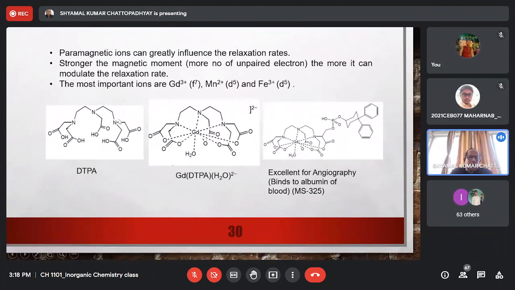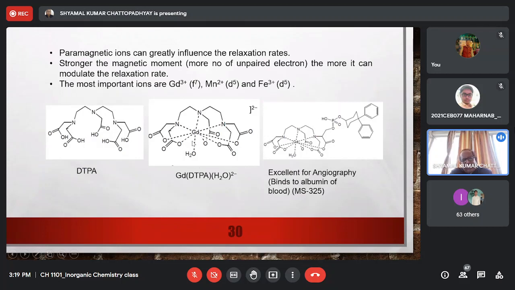So 1, 2, 3 nitrogens, and then there are 4 acetic acid groups, so it can actually bind in a 7 coordinate fashion. This is the binding mode, and lanthanide ions can have a large coordination number. So here gadolinium is 8 coordinated: 7 coordination is coming from this ligand, 3 nitrogen and 4 carboxylic acid groups, and 1 coordination is coming from water.